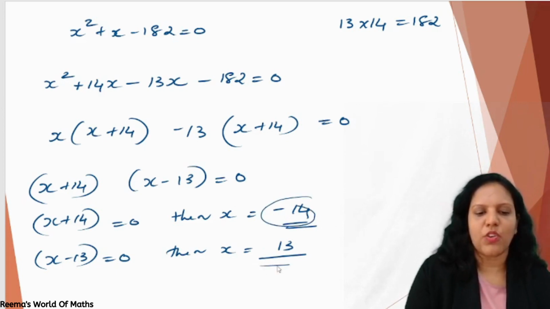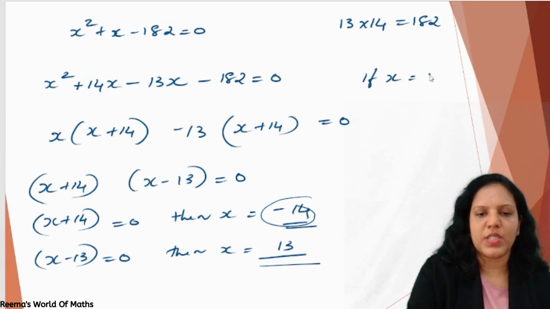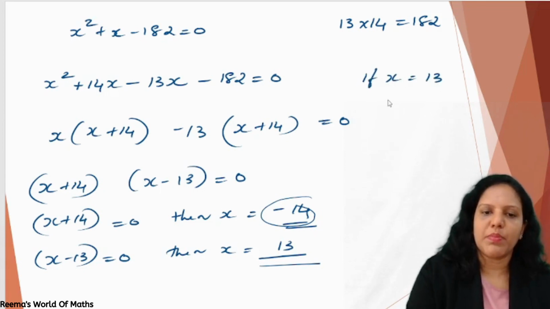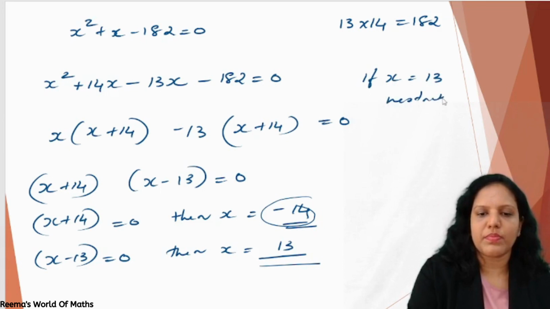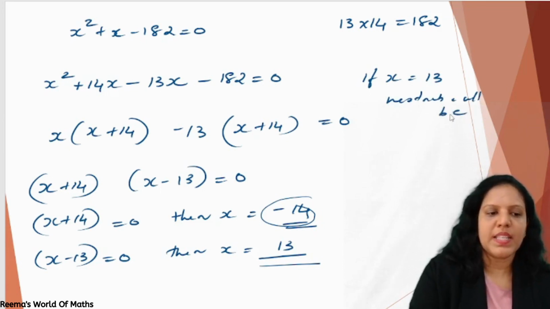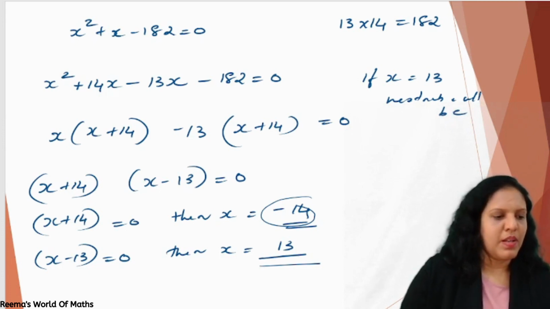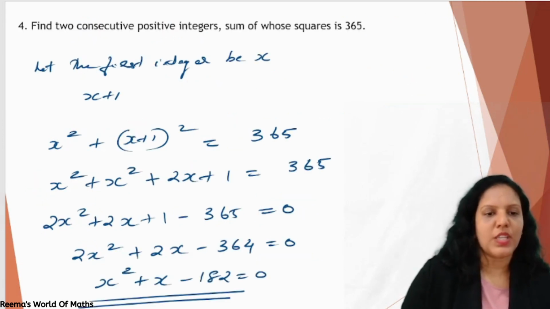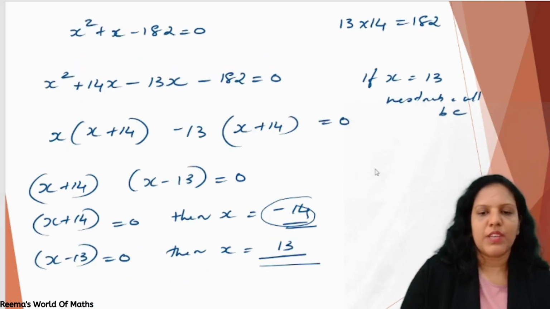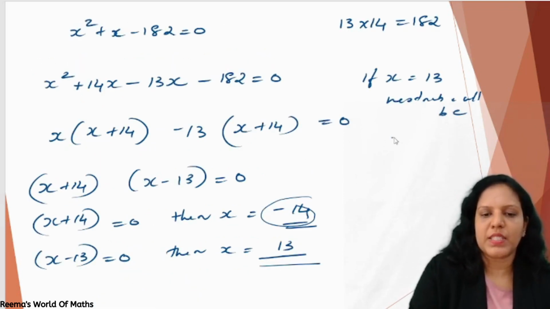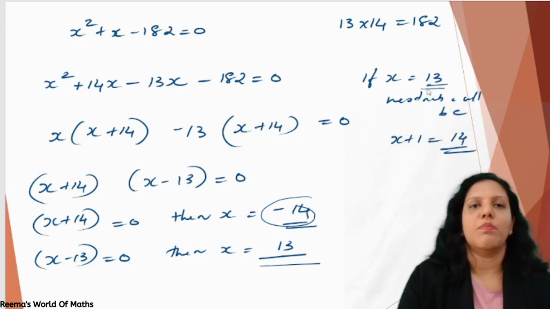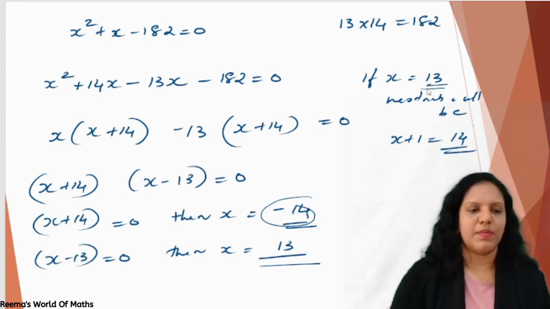So x can only be 13. So if x equals 13, the next number will be x plus 1, which is 14, since in the question we have been given two consecutive positive integers. So 13 and 14 are the two positive consecutive numbers.